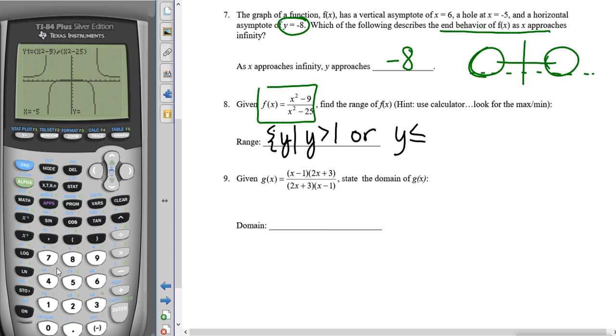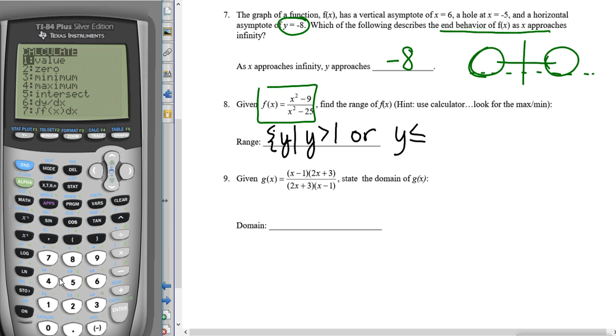Now I have to find that maximum, so I'm going to do that on my calculator. I'm going to calc the maximum. I need the left bound, so I need to be somewhere right about here. I hit enter. The right bound, I need to go over to the right side of my peak, and I hit enter, and for my guess, I want to be somewhere in the middle.